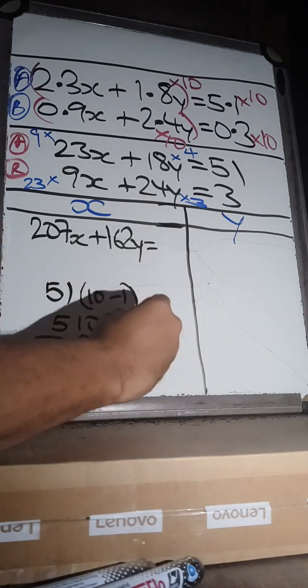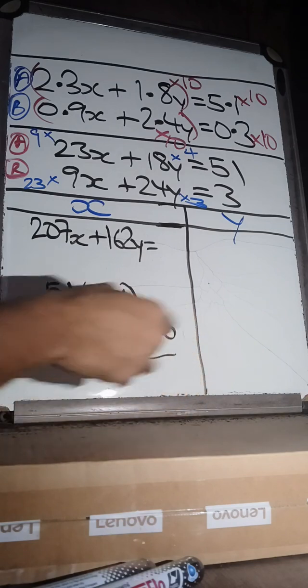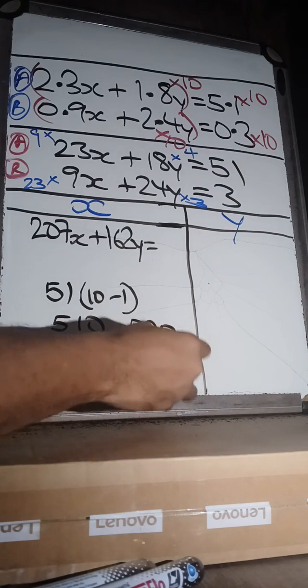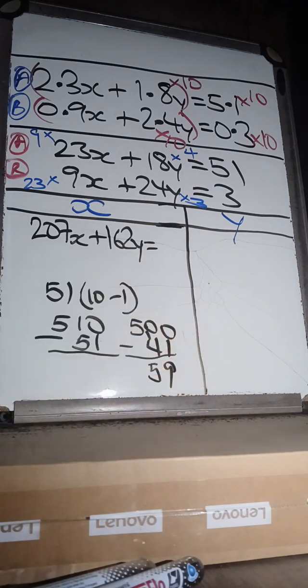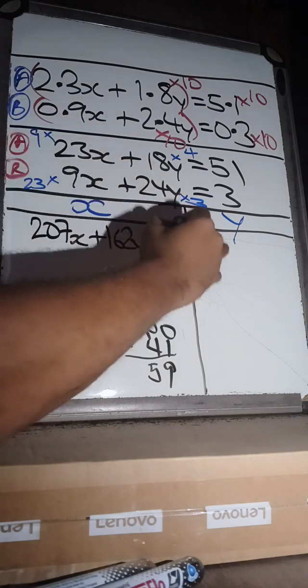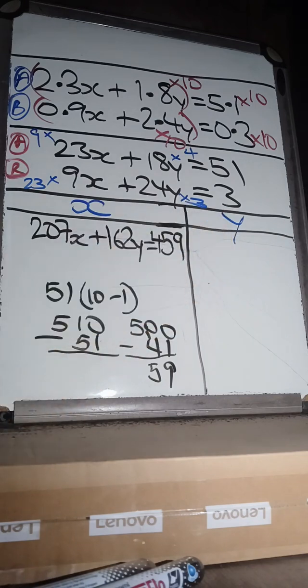So that means this will be 500 minus 41. Okay, so 459. Alright, so 459.